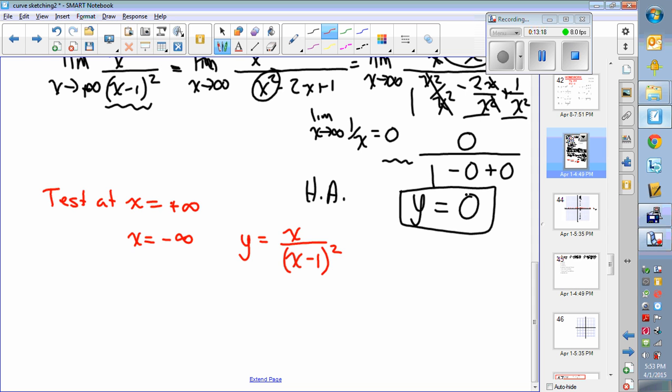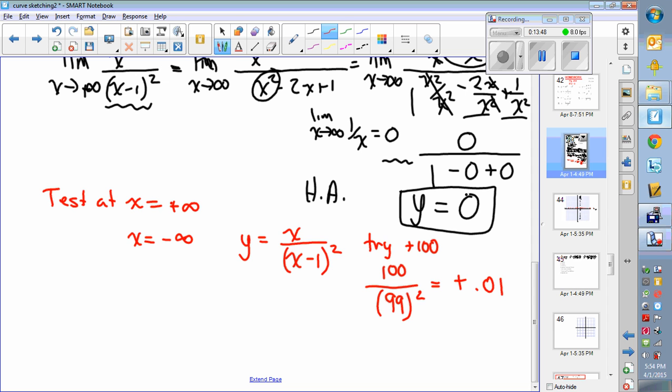So if you try positive 100 as an x value, that just gives you a number that's really large and lets you see how close you'll be. So you would get 100 over 100 minus 1 is 99 squared. This number is positive, and so you're approaching, but it's almost 0. But it's a positive number, right? So you get positive like 0.01 or something.